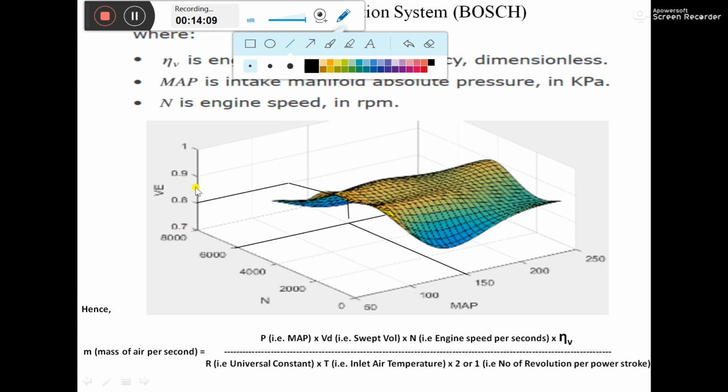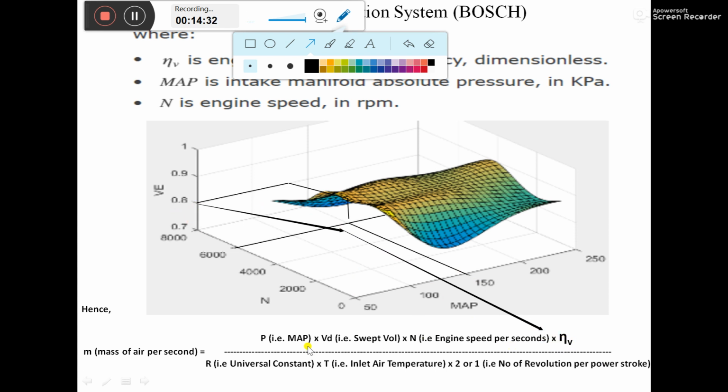So through this we calculate the volumetric efficiency, and that value we feed into this calculation. This is your volumetric efficiency coming from this point.